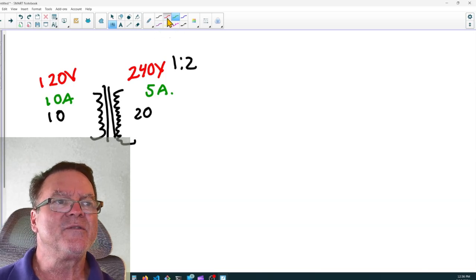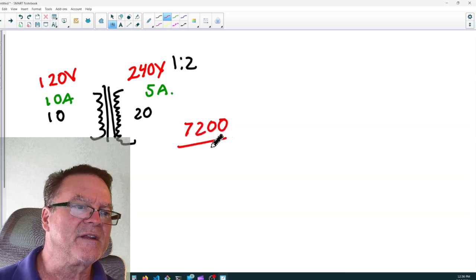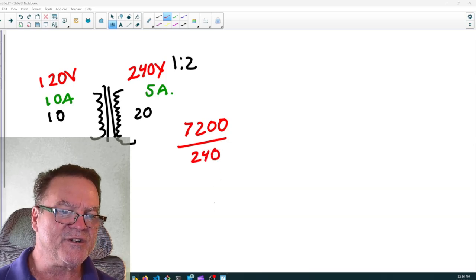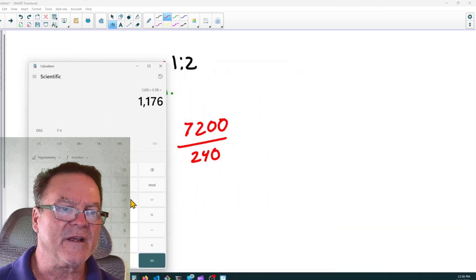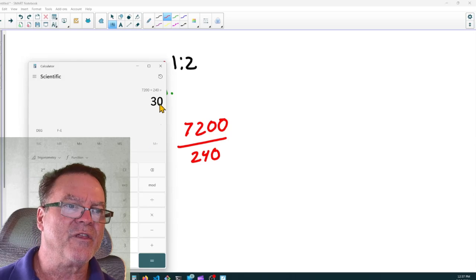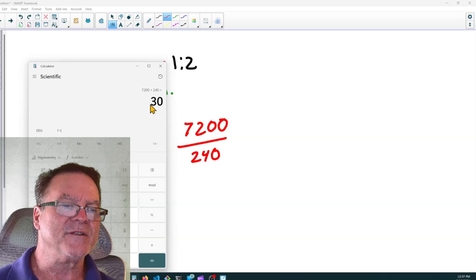And if they said to us we have a primary of 7,200 and the secondary is 240, and we wanted to know what the turns ratio is, we could figure that out by saying 7,200 divided by 240, and it's a 30 to 1.